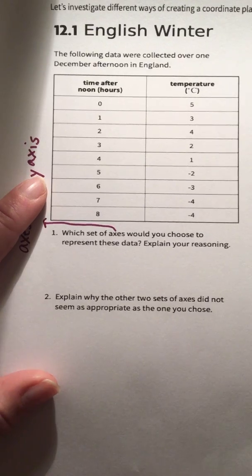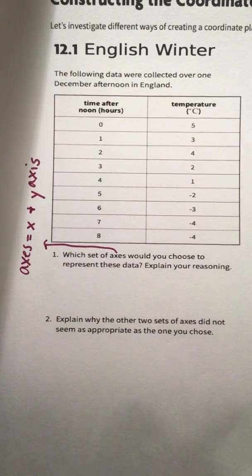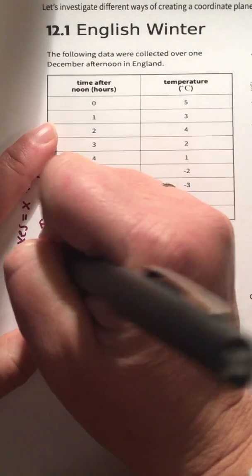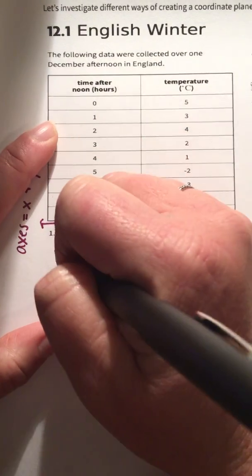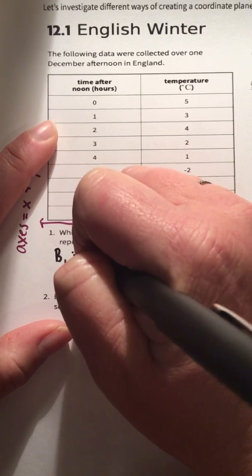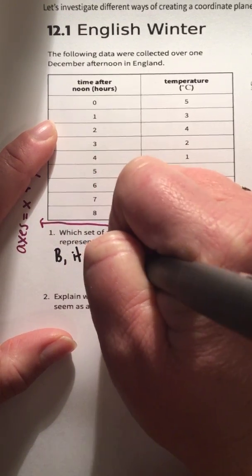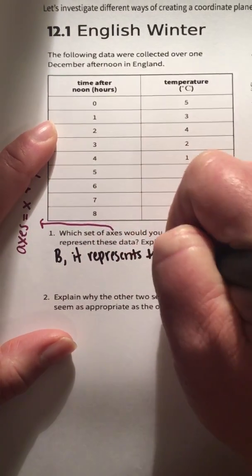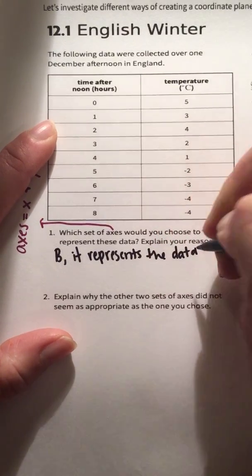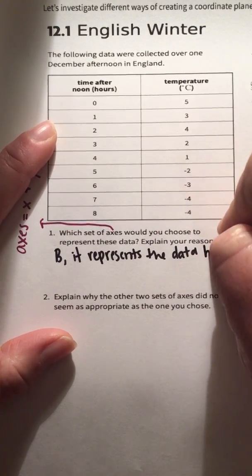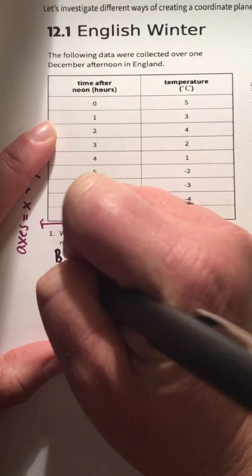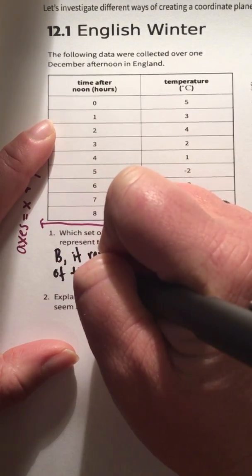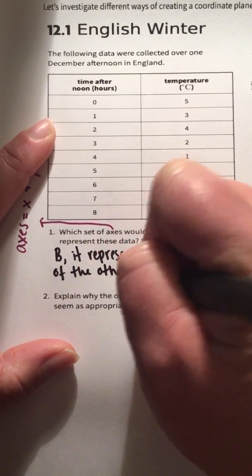Okay, so hopefully looking at those, you decided that B is the best because it represents the data best out of the other two.